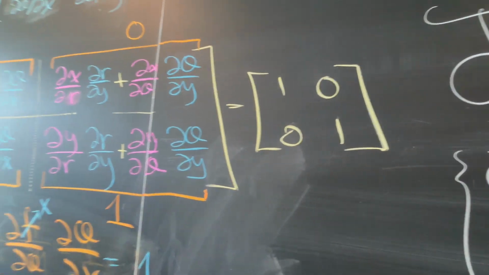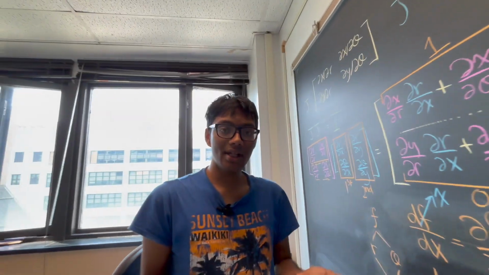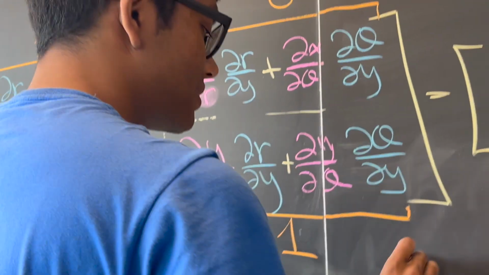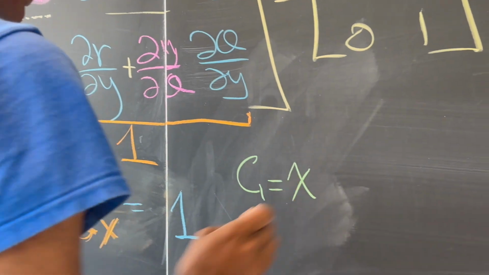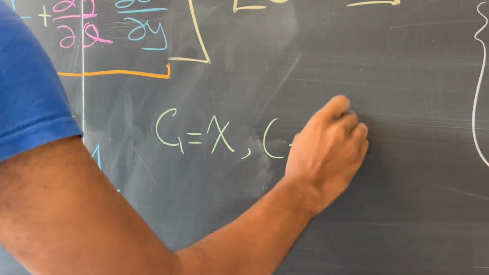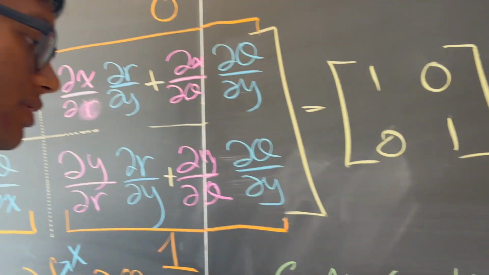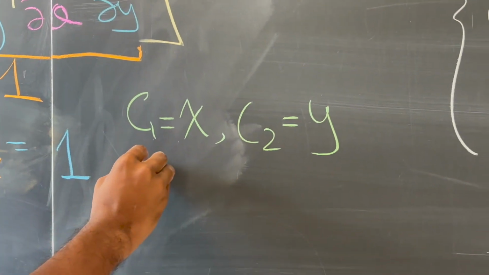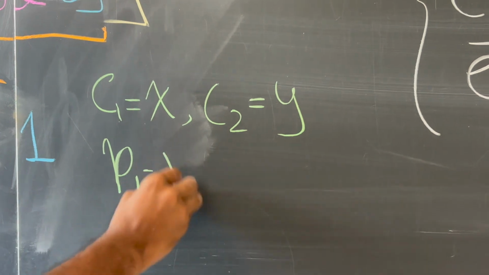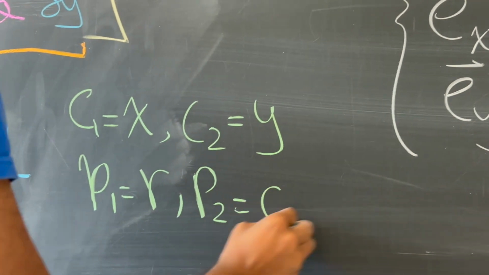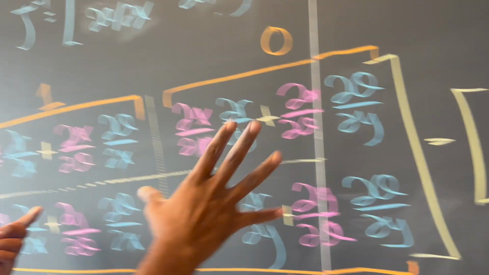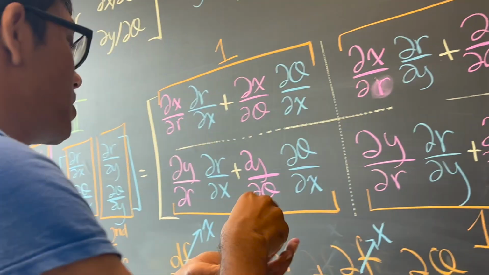So now, if we wanted to express this in a simpler notation, here's what we could do. Let's denote our x coordinate as c1 and our y coordinate as c2, c for Cartesian, and 1 for the first Cartesian variable. Yeah, we're not stupid. Similarly, p1 for r and p2 for theta. Then I can rewrite this entire matrix in the following notation.